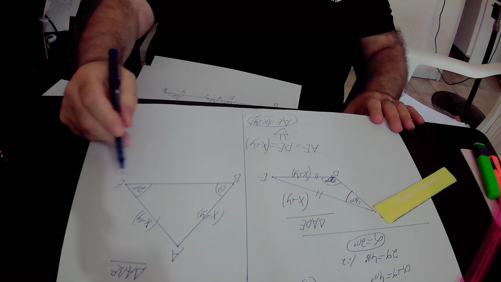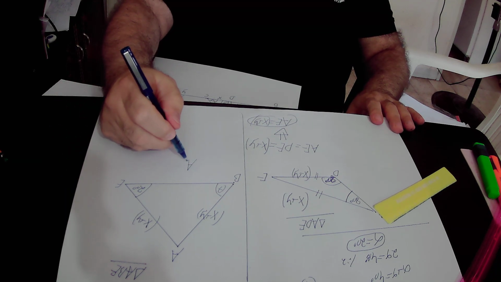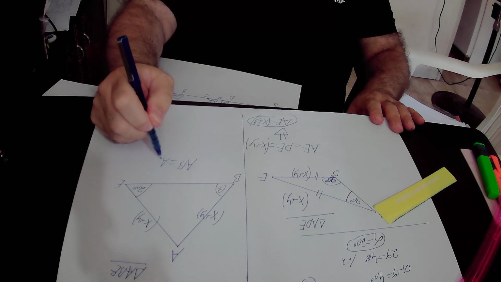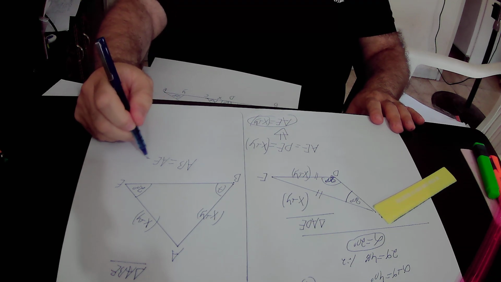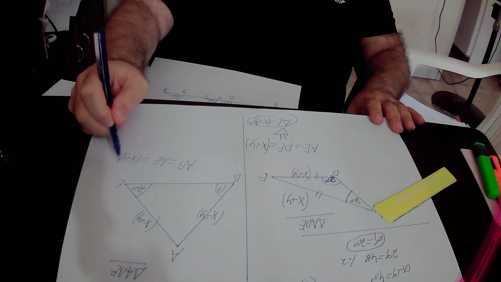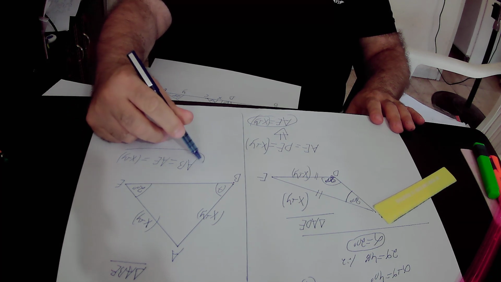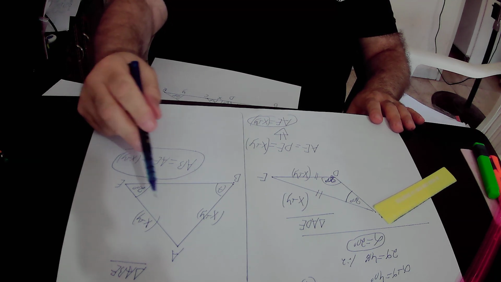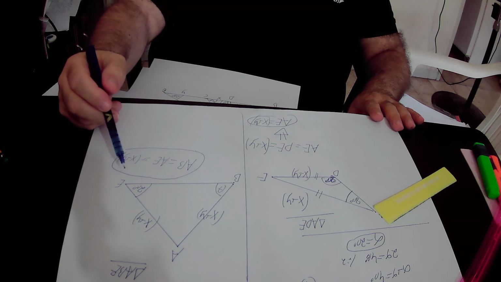That is to say, side AB equals side AE. So both sides are equal to x plus y, therefore they are equal to each other. Side AB equals side AE, that is to say, triangle ABE is an isosceles triangle.